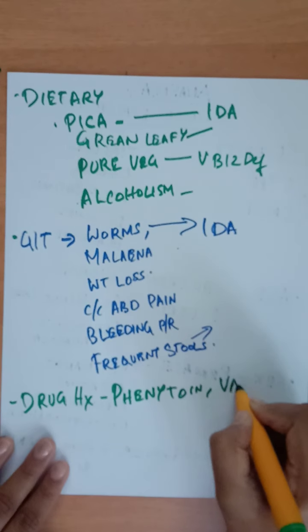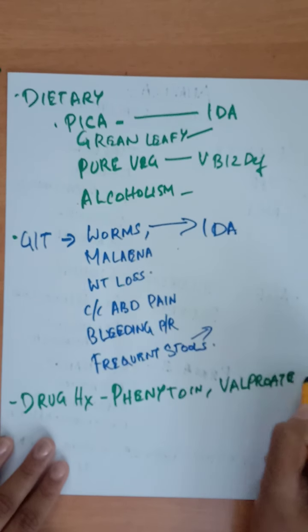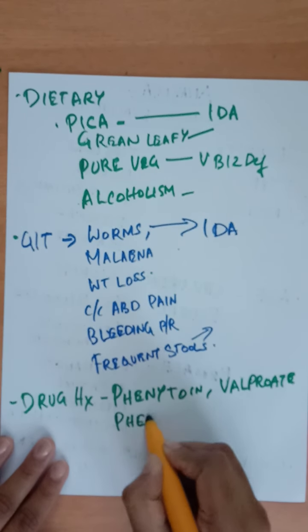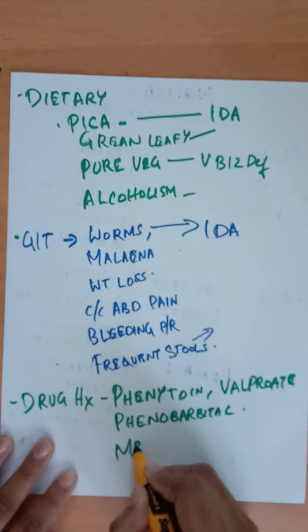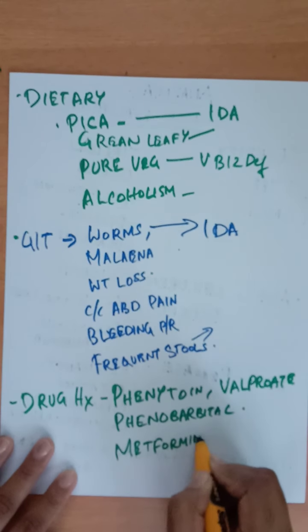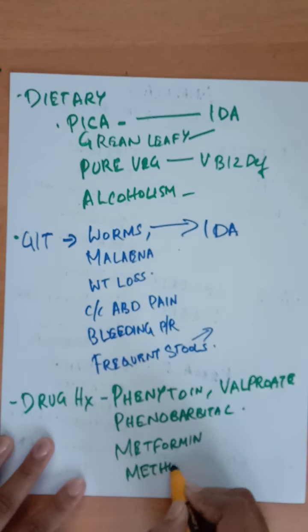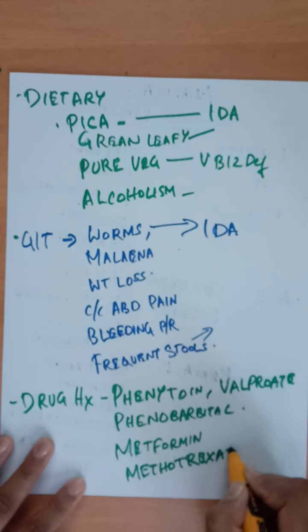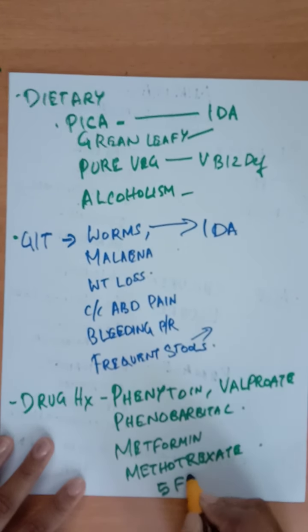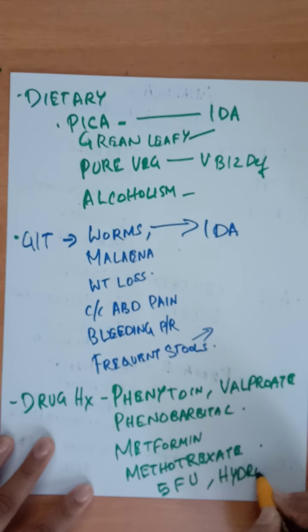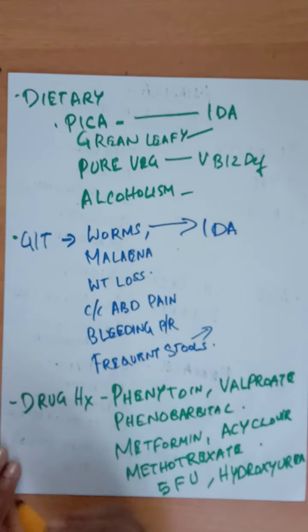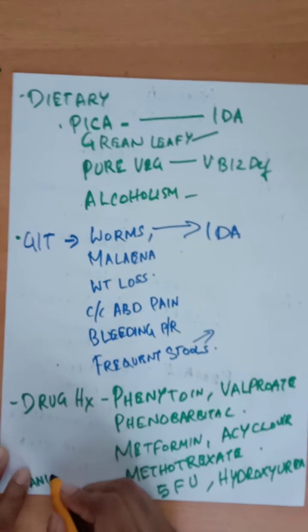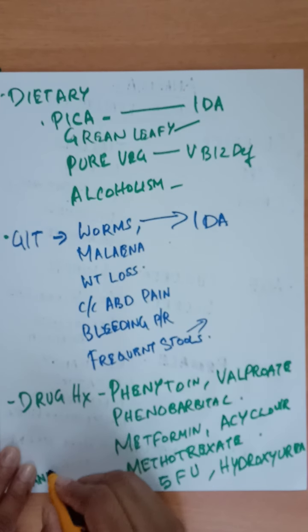Phenytoin, valproate, phenobarbital, then metformin, methotrexate, that cause folic acid deficiency, 5-fluorouracil, hydroxyurea, acyclovir, then ranitidine, H2 blockers, because they can cause intrinsic factor secretion problem.